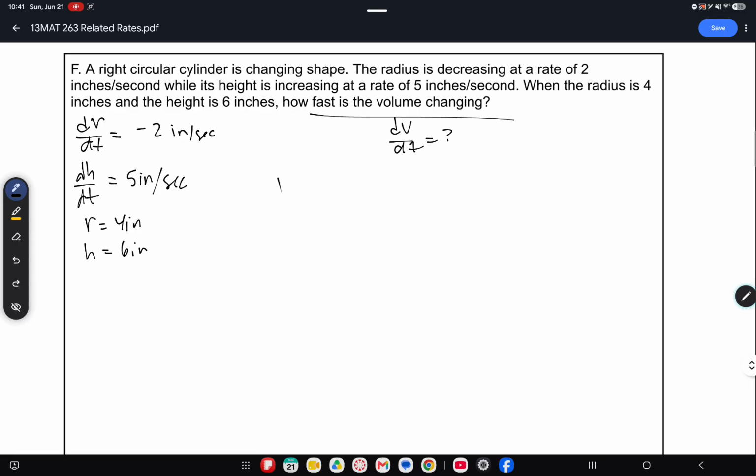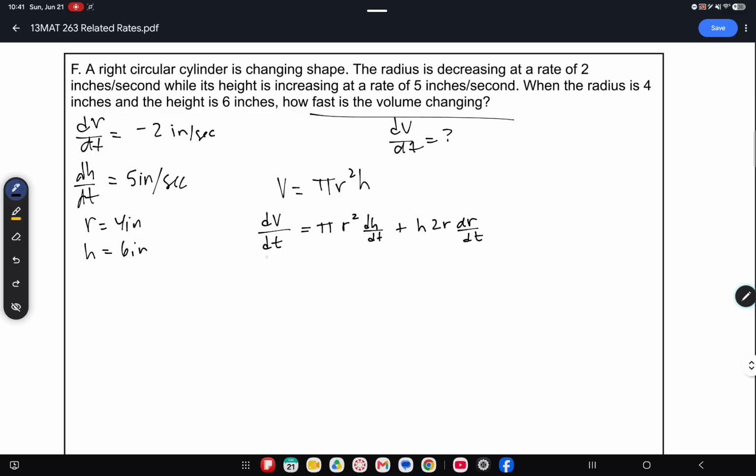So volume of a cylinder is pi r squared h. So if I do a derivative, it's going to be dV dt. Pi is just a multiplier, and then I have to do product rule. Left d right plus right d left.